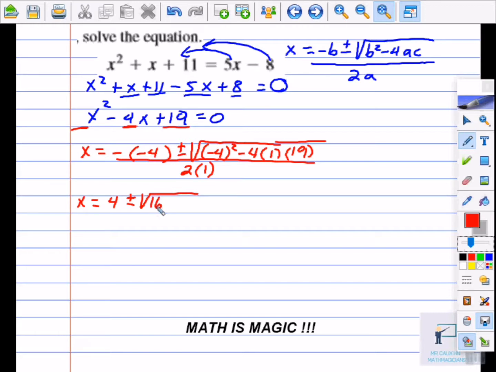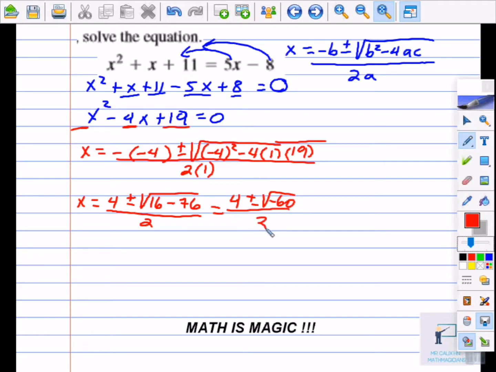And 4 times 1 times 19 would be 76. Divided by 2. If we continue evaluating this, 4 plus or minus the square root of the subtraction of 16 minus 76, it would be negative 60, over 2.